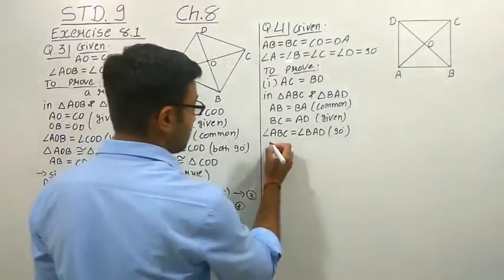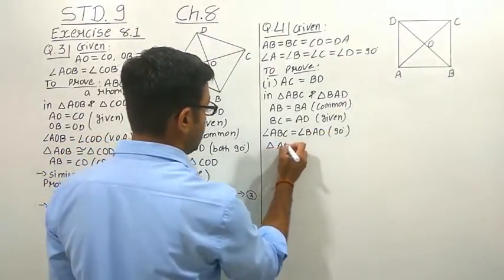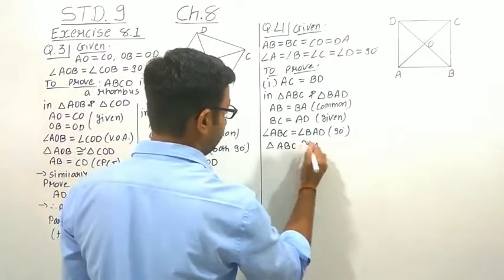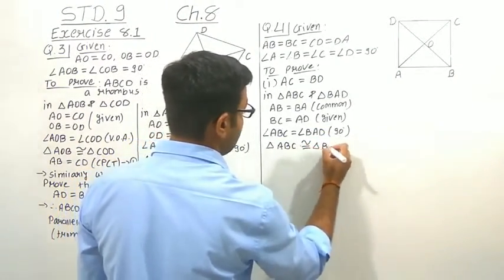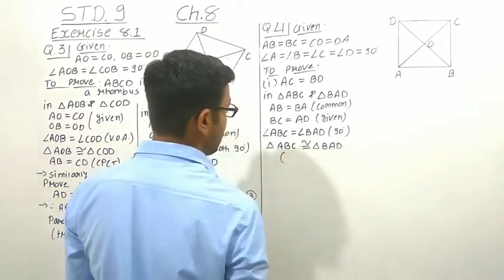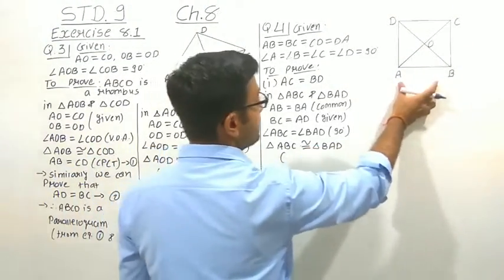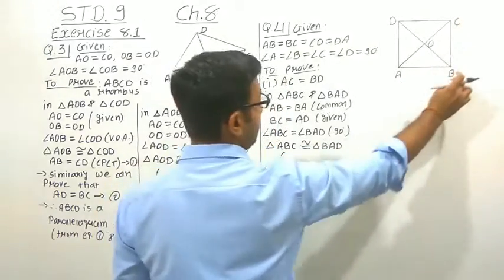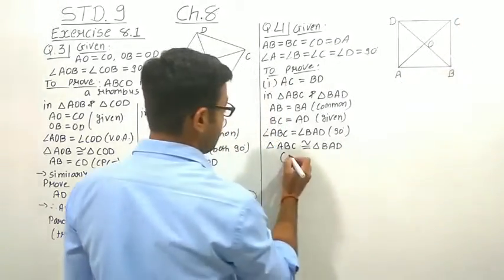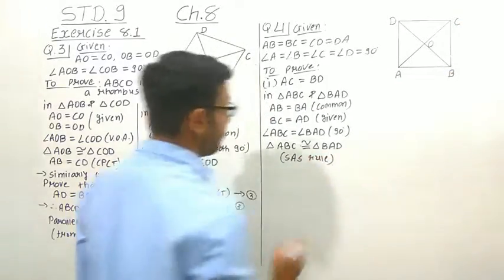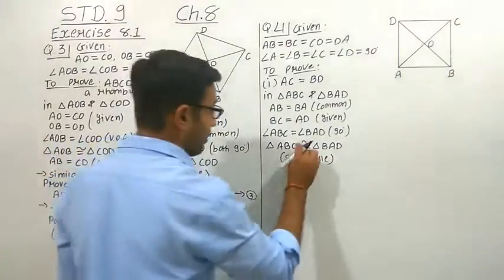So two triangles become congruent. Triangle ABC is now congruent to triangle BAD. By which criteria? See, AB side, BC side and angle ABC. So by side angle side rule, here we have proved that both the triangles are congruent.